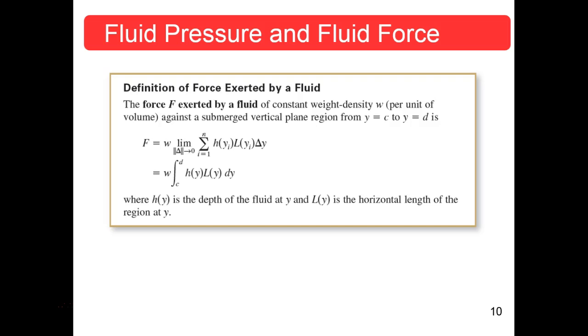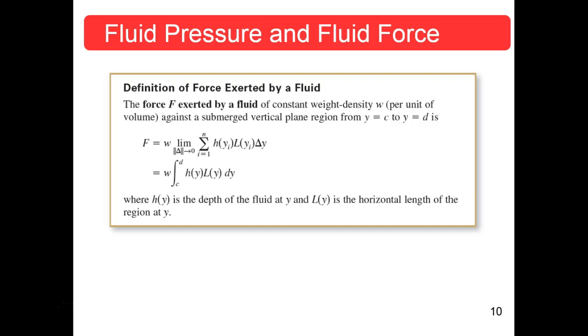All right, so the force exerted by a fluid of constant weight density. The fluid is constant weight density, and that's W. That's unit weight per unit volume. Against a submerged vertical plane region from y equal to c to y equal to d. So the top part is at depth c, the bottom part is depth d. Okay?